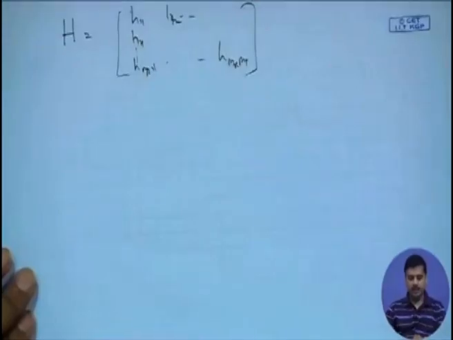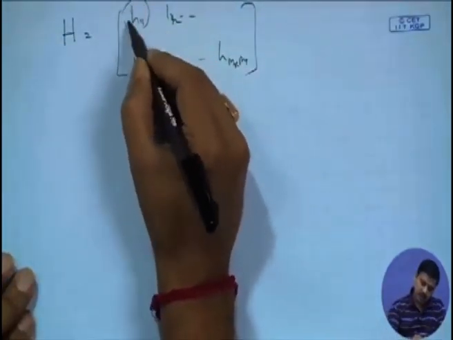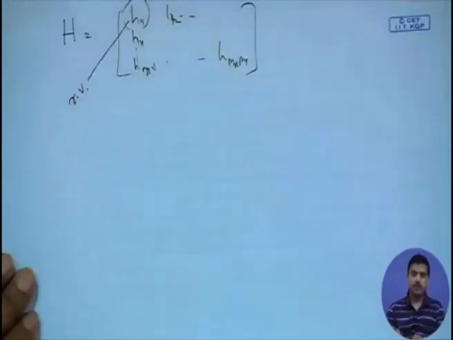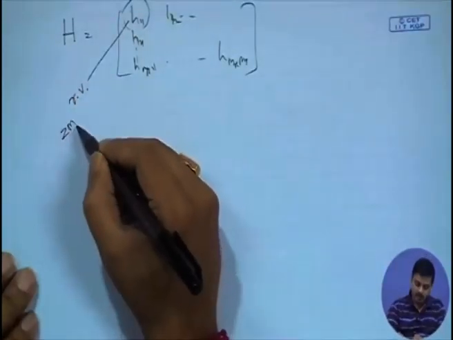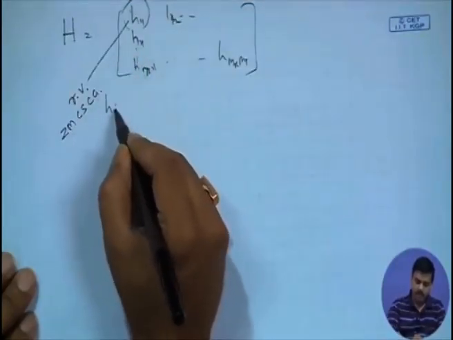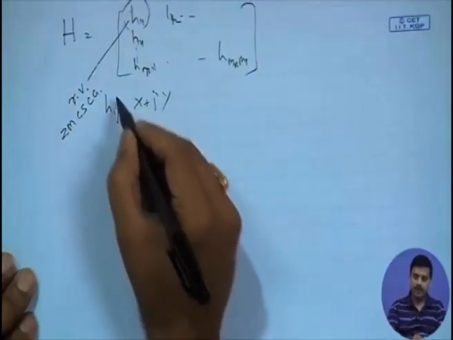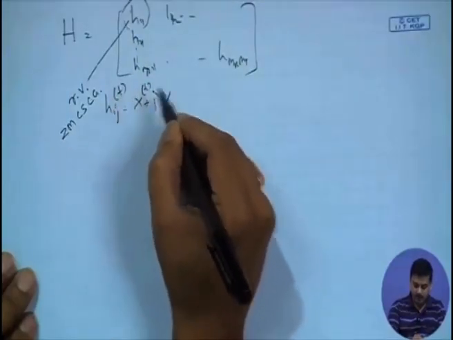So these are the contents of H. Now these are random variables, we have already said that. So these are zero mean, circularly symmetric complex Gaussian. So that means H_ij could be written as x plus jy, we have seen that, and these are varying with time, we have seen them.